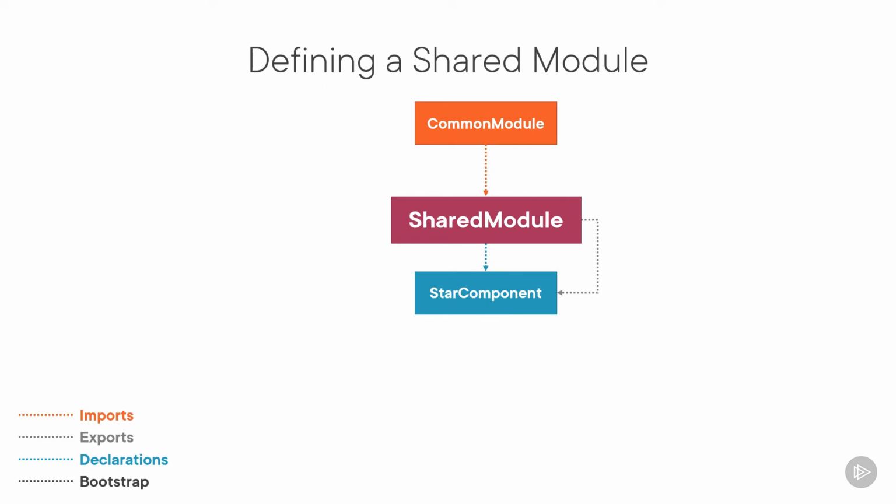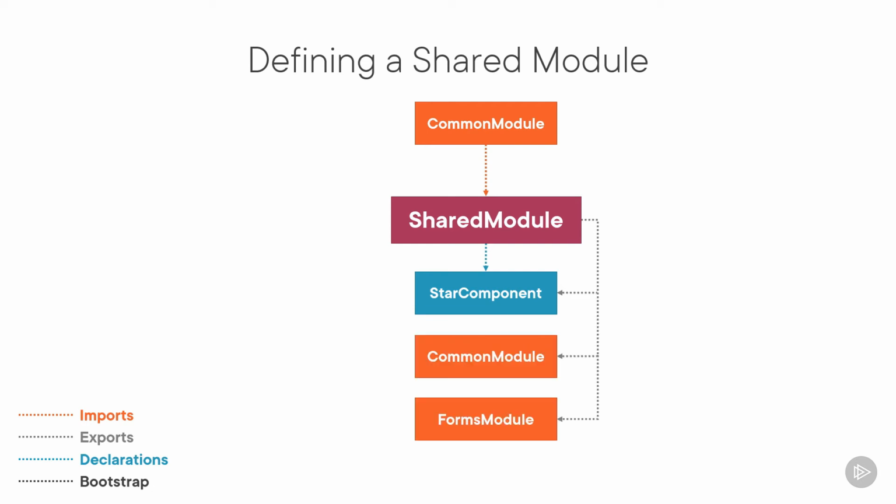We export the star component. That way it is available to the components in any module that imports the shared module. We re-export the Common module and Forms module, so their directives and other features are available to any module that imports the shared module. And notice here that we can export something without importing it first.